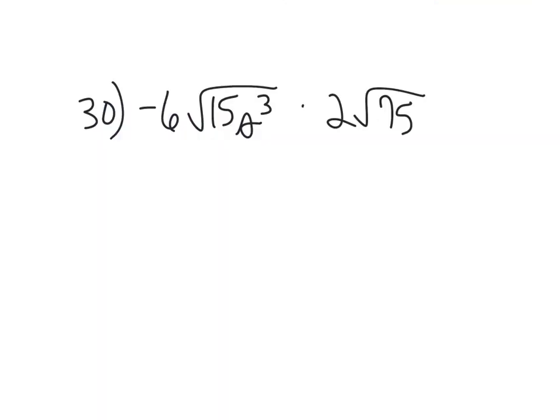Number 30 we're going to look at, and this is just an example of how you may want to try to break these radicals down before you multiply them together. 15 times 75, that would be a pretty big number. So I'm just going to pull out anything that I can that's going to be a perfect square here.